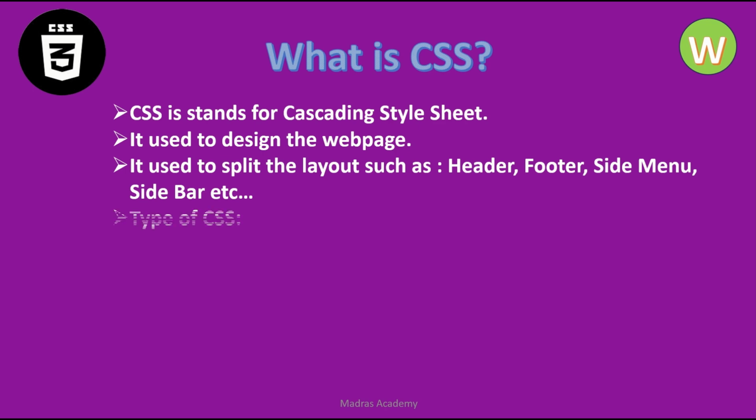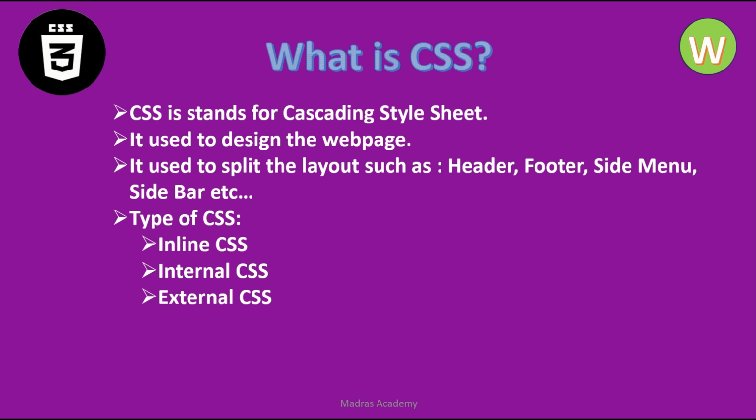And in CSS, we have three types. That is the types of CSS: inline CSS, internal CSS, and external CSS. Inline means in that same tag we need to write the code. Internal means in that same page we have to write the theme. External means for the entire project we can use a single theme file.